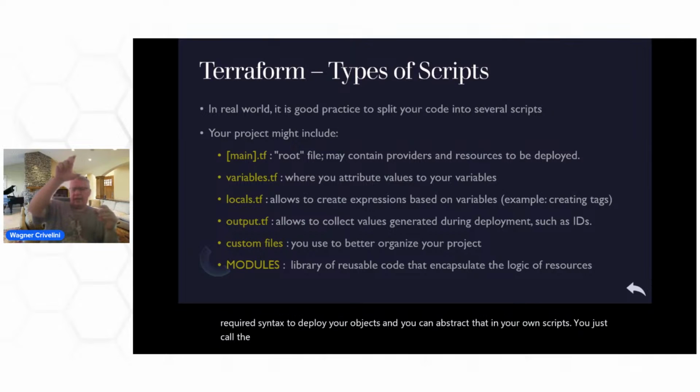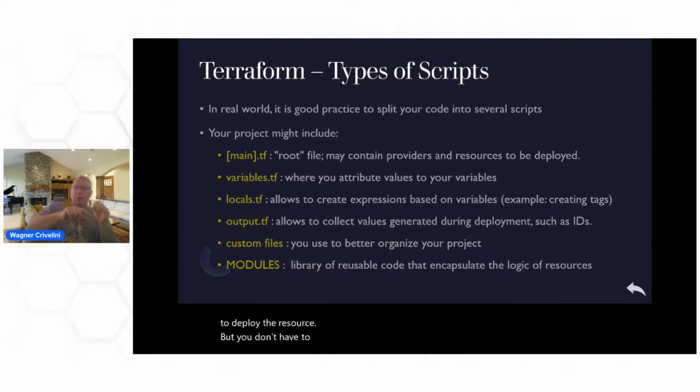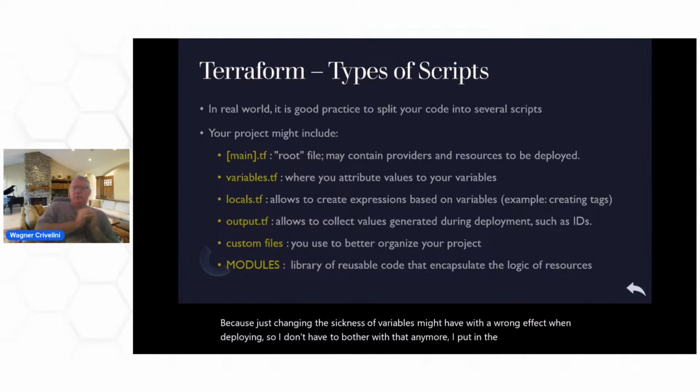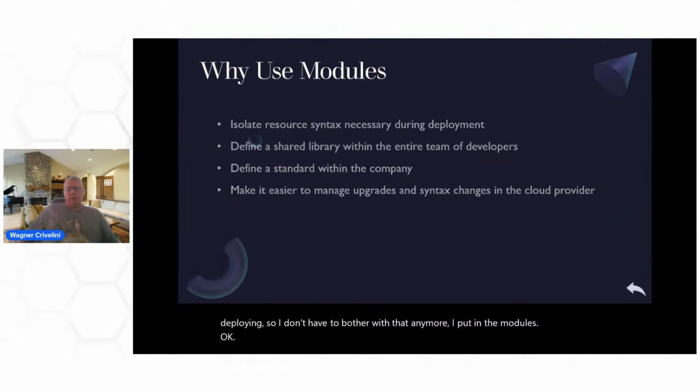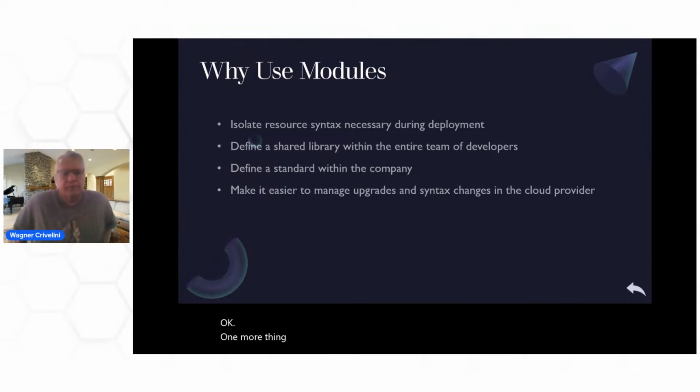The module has exactly the same sequence of parameters you have to pass to deploy the resource, but you don't have to bother with this in your own script, because just changing the sequence of variables might have a wrong effect when deploying. So I don't have to bother with that anymore. I put it in the modules. Okay?